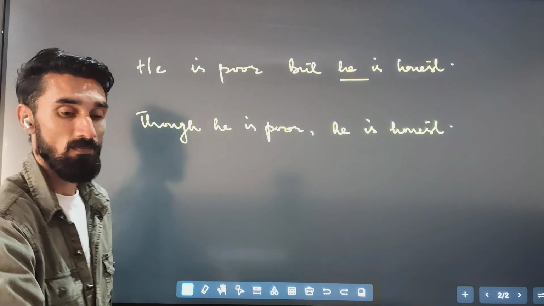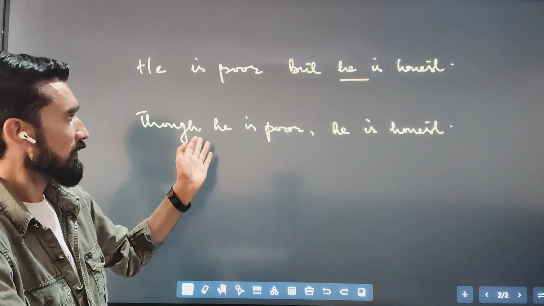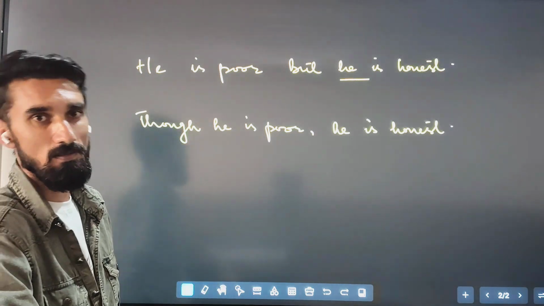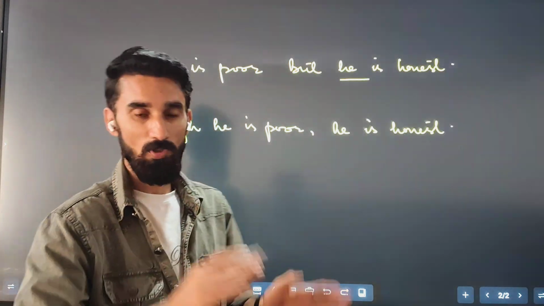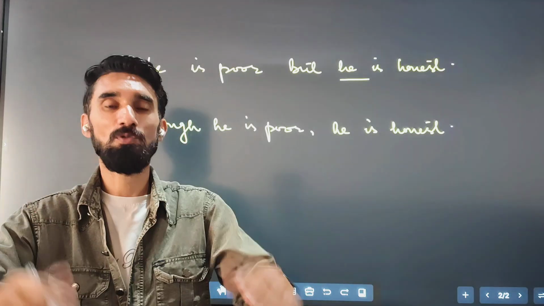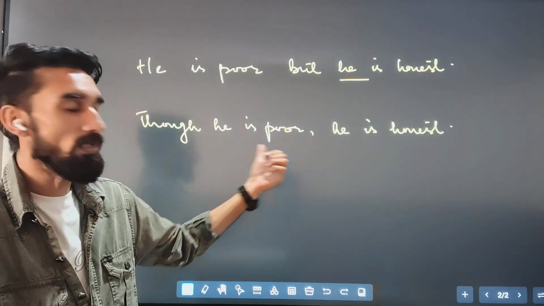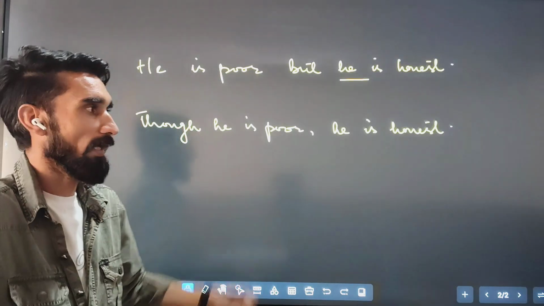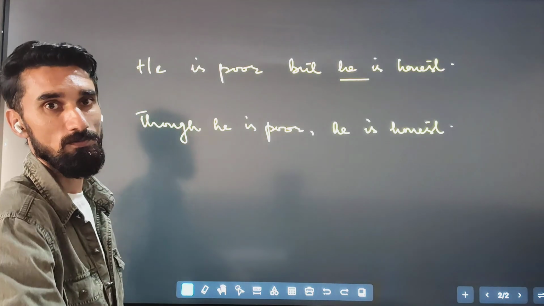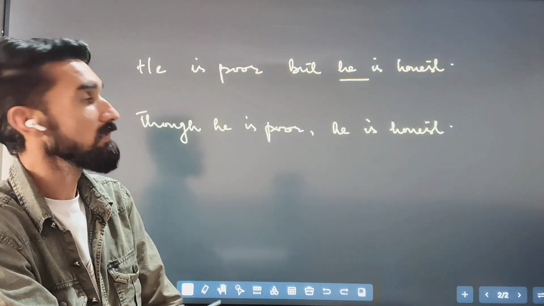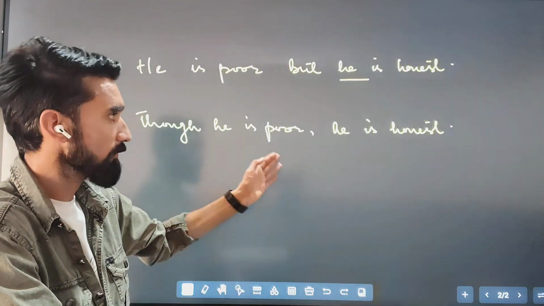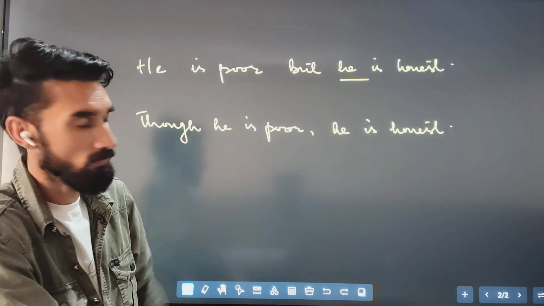Here, you just put a subordinating conjunction. A conjunction is not only put in between two clauses or two statements or two words. It can be used in the beginning of a statement too, like though, although, however.